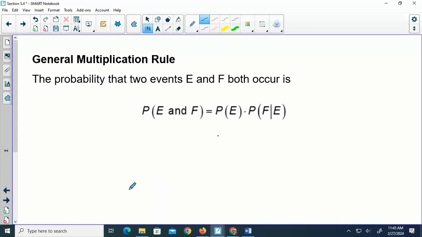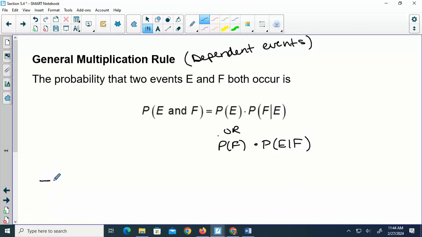The probability of the first and the second happening, the probability of E and F, is the probability of E times the probability of F given E. Or it could be the probability of F times the probability of E given F, depending on which one you knew. This is called the general multiplication rule because it works in any situation. More specifically, we're using this for dependent events.